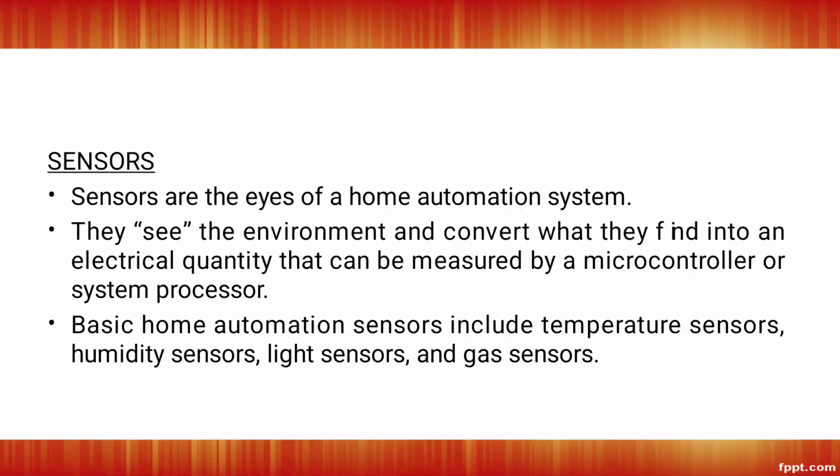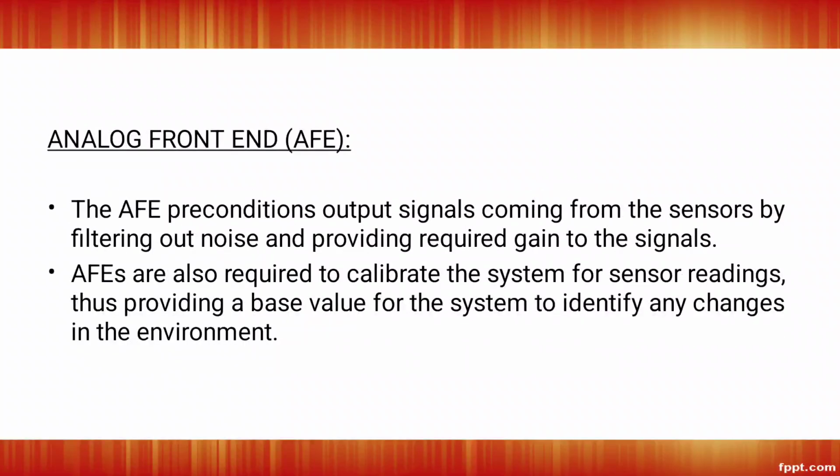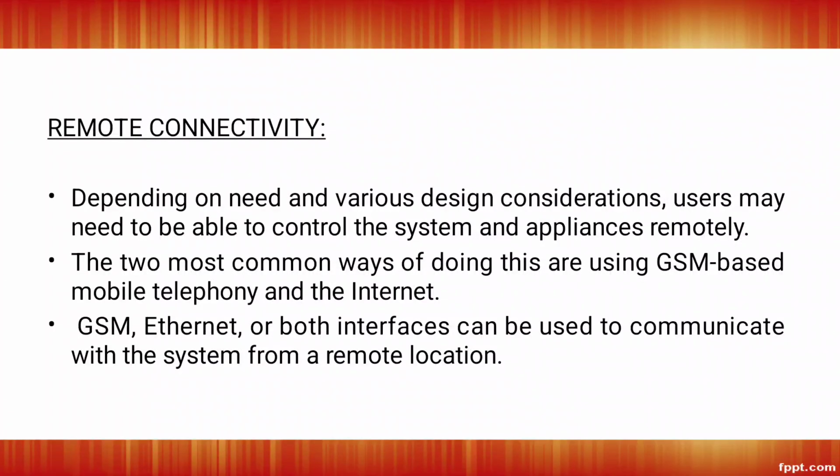All the environment is detected by using the sensors, and AFE means analog front end, which processes the output signal coming from the sensors by filtering out noise and providing the required gain to the signal. That means we have to filter all the noise and we get good sensor data. We use AFE.